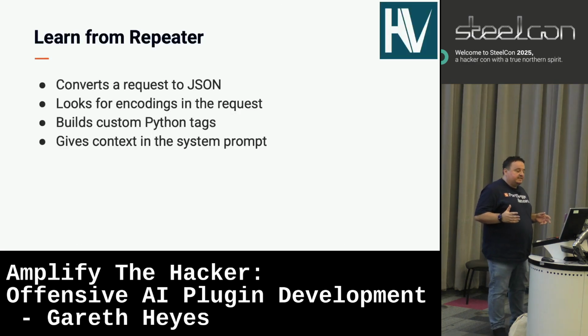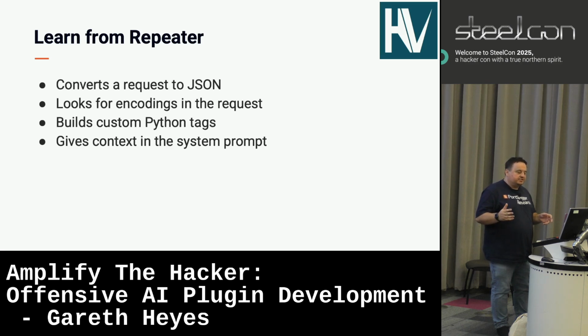The problem with this is indirect prompt injection in the request. To mitigate this, the agent processes the request as inline JSON and detects and interprets the encodings within the request. Then it constructs custom Python tags to handle the encoding and decoding operations.